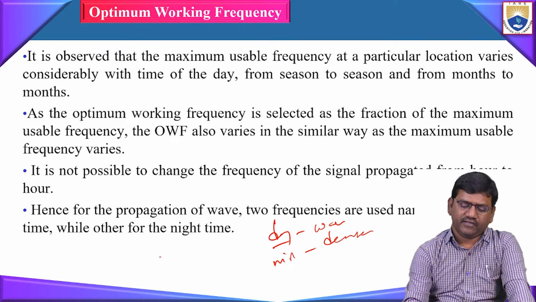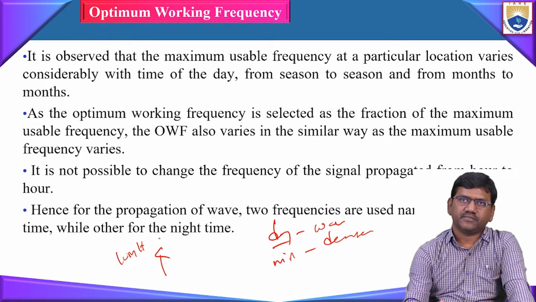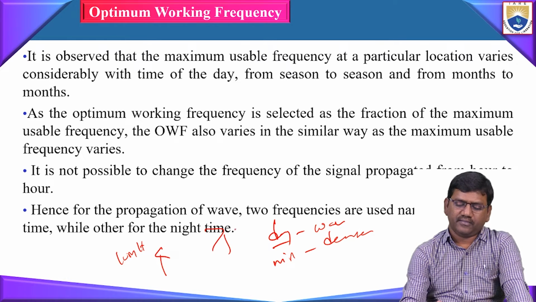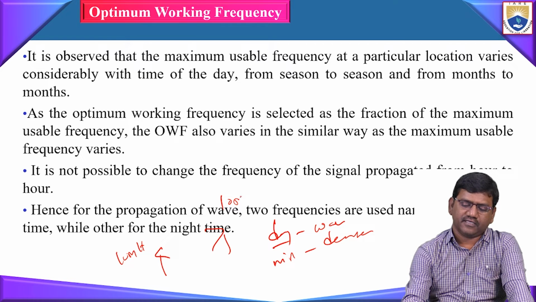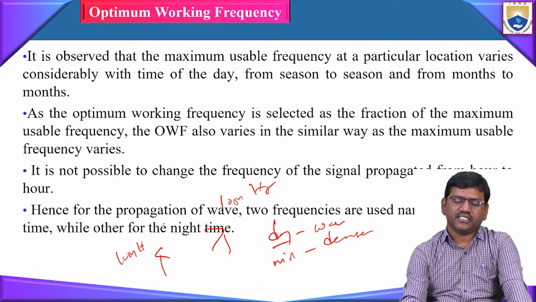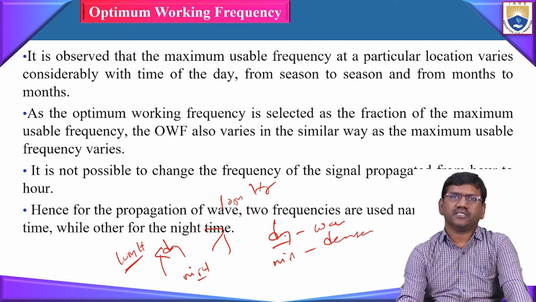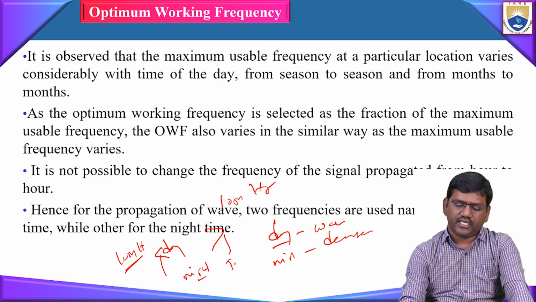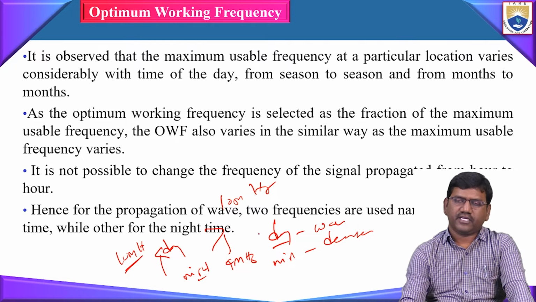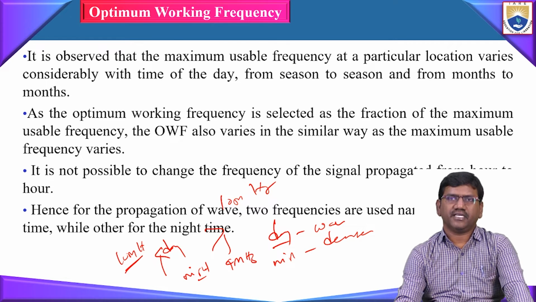So if a 10 megahertz signal is sent from the transmitting antenna, during the daytime we get a 10 megahertz signal. But during the night time, there is a slight variation. This 10 megahertz signal will not reach the receiving end. We get only a 9 megahertz signal. So there is some loss of energy taking place in the night time.